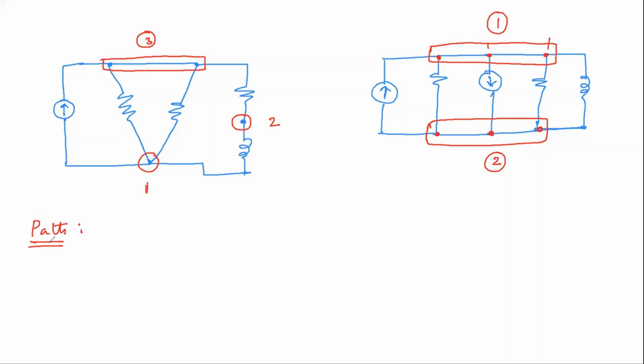If no node was encountered more than once, then the set of nodes and the elements that we have passed through is defined as a path.